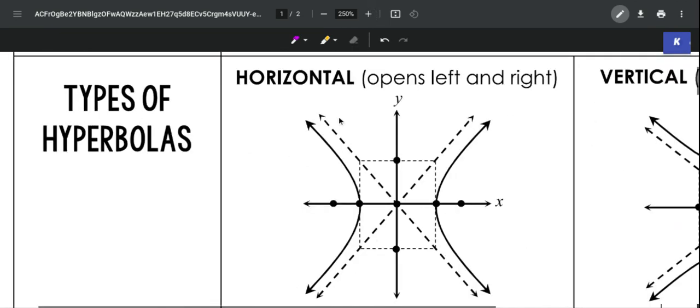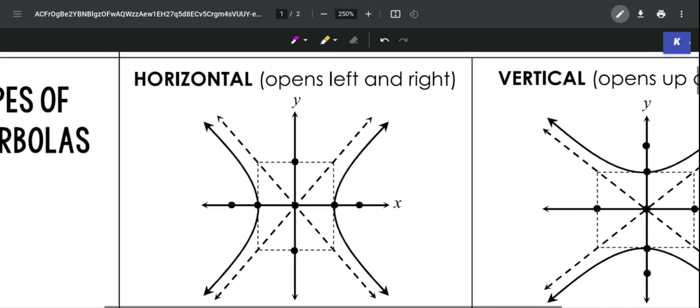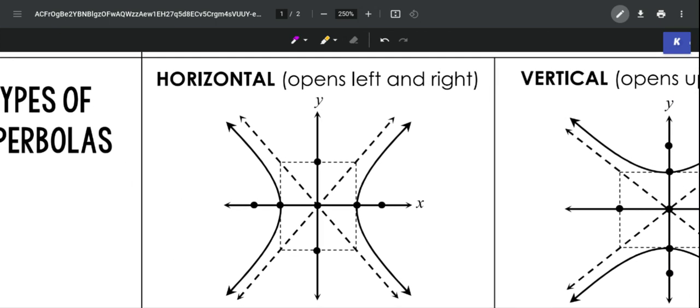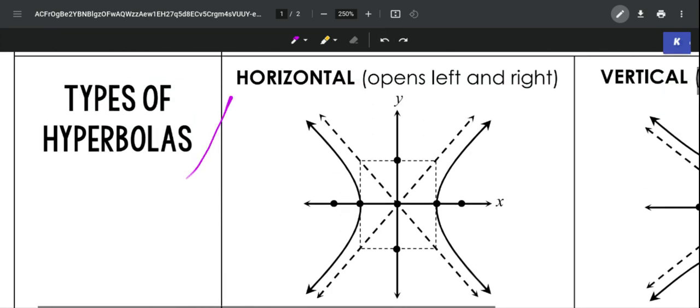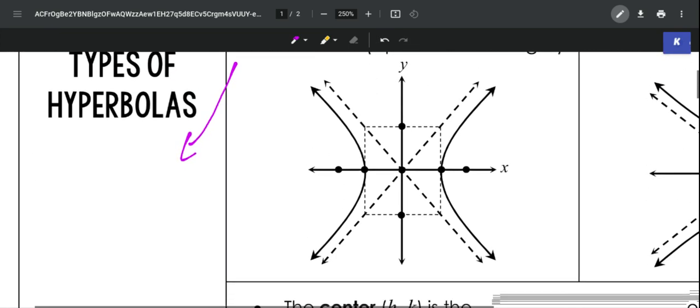And I'll tell you, just looking at an equation, how to tell the difference between the two. Horizontal means that it's opening left and right, so it follows these two lines right here. If it opens left and right, you can know that just from looking at the equation.